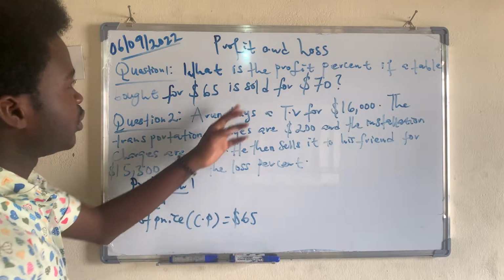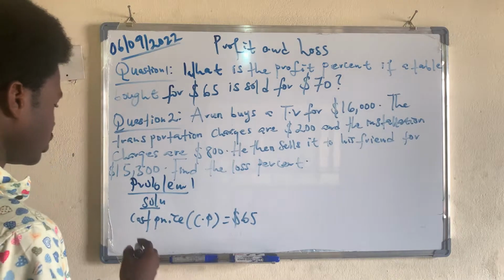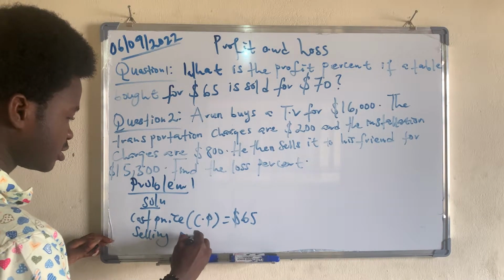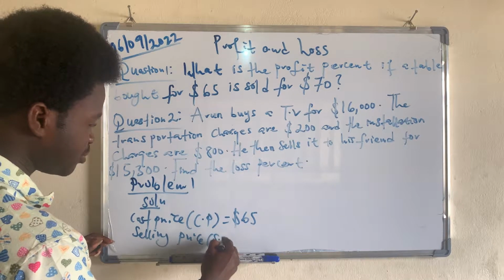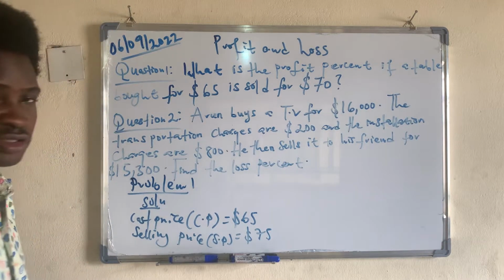And then we are told that it's sold for $70. So selling price, written as SP, is $70.